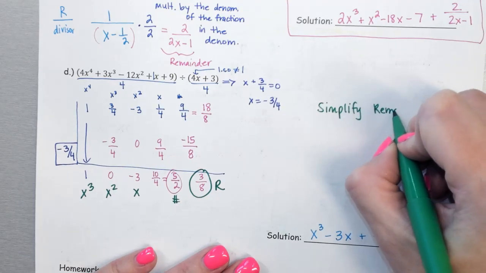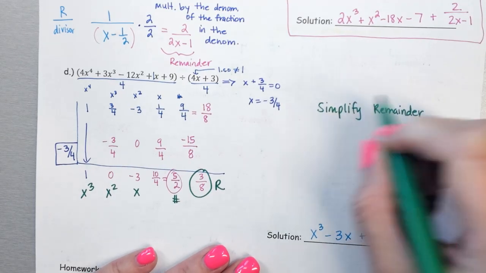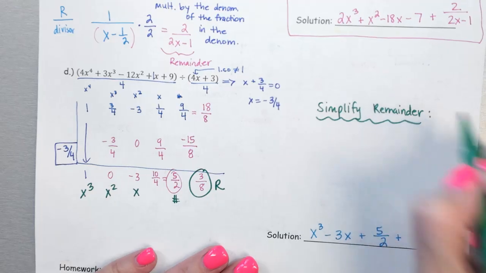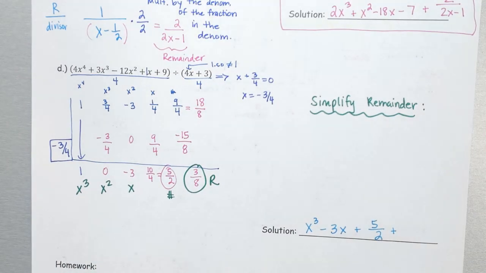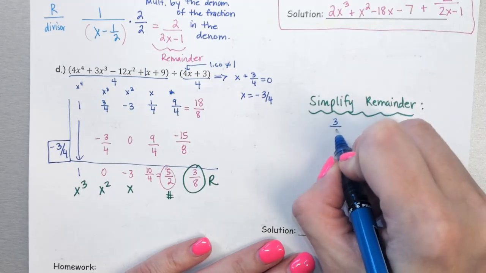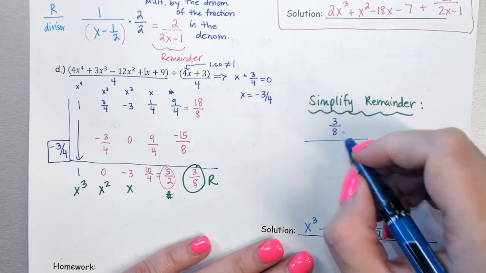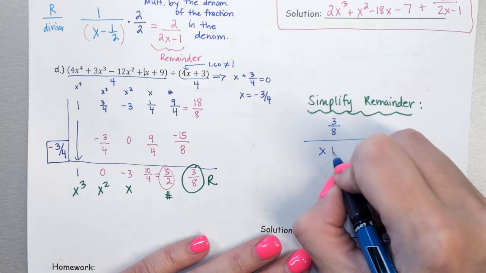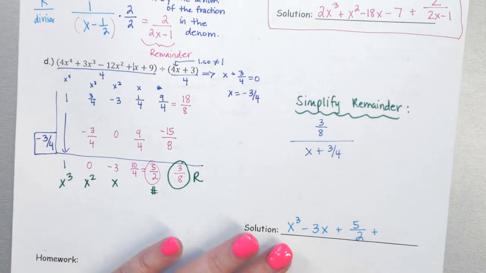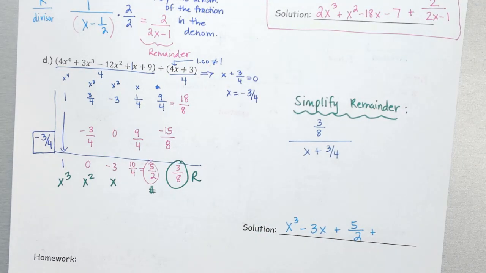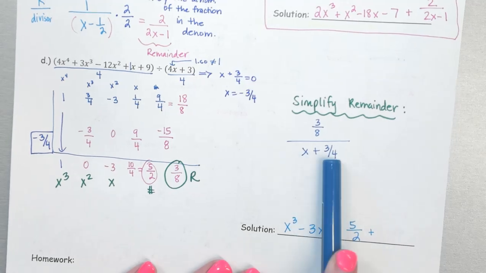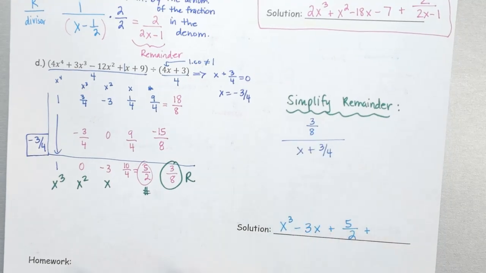So sometimes you have to simplify it with a fraction, like we did in this case. So what you would have is 3/8 divided by x plus 3/4. All right, so normally we would just multiply by 4, but that's not going to get rid of the fraction in the numerator.